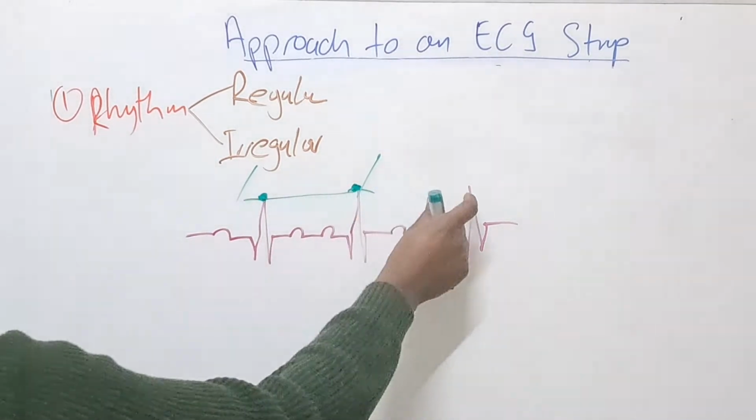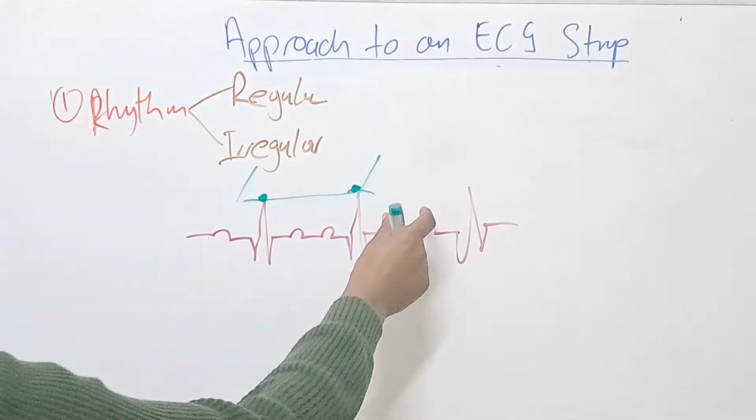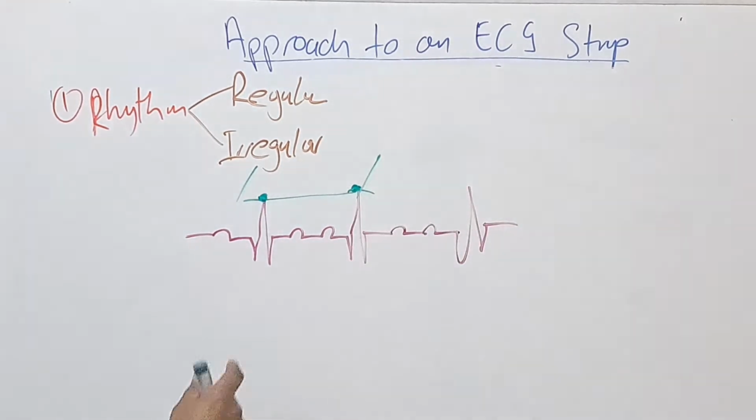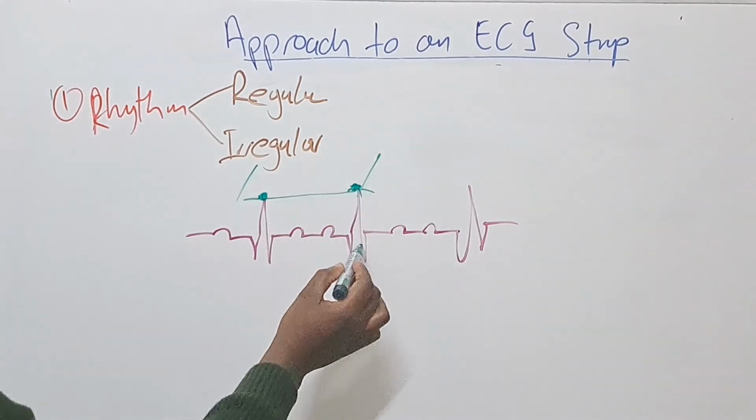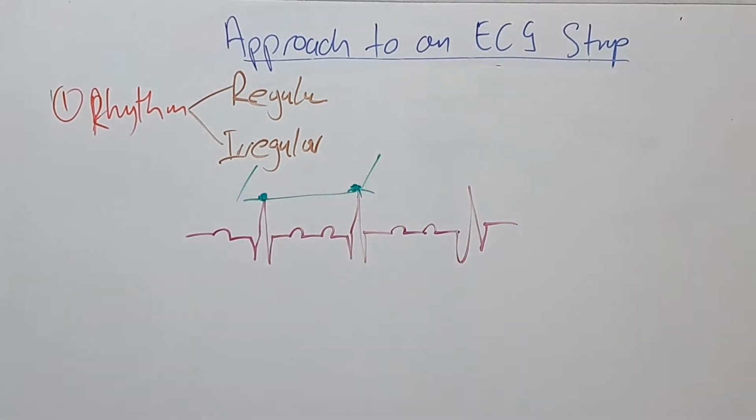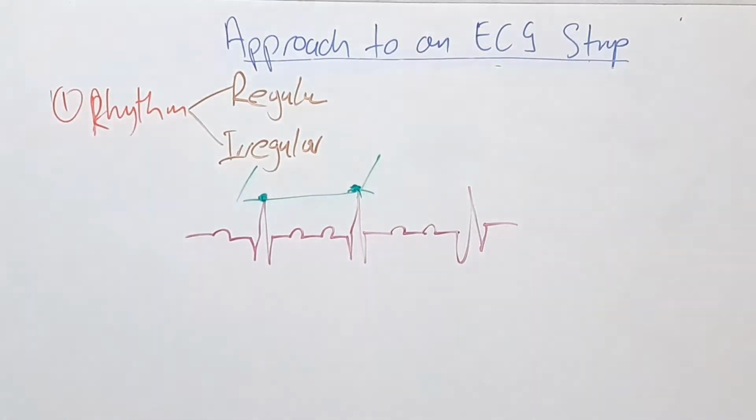Then I slide my paper to the next RR interval, and the next, and see if my dots are always aligned with the RR interval throughout. Then I know that that's a regular rhythm, so the heart rate is regular here. And if that does not happen, I know that it's irregular.